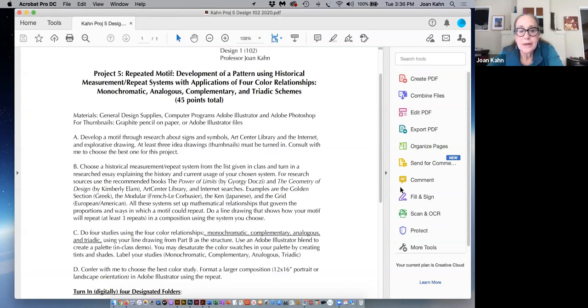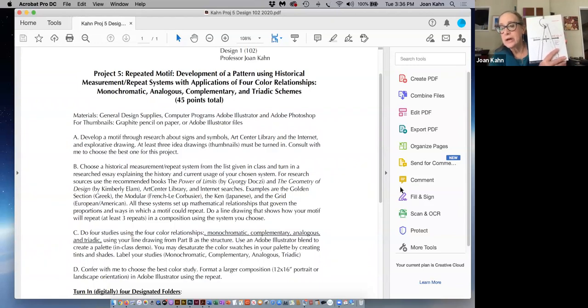I also recommend 2 books that I usually have in class, and I actually have copies for the students to use. One of the books is Geometry of Design, written by Kimberly Lamb. So you can look for that.